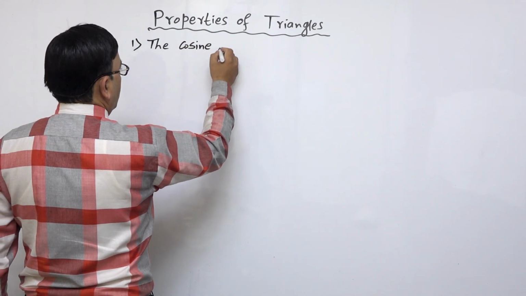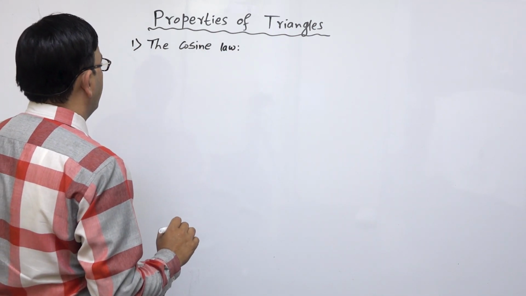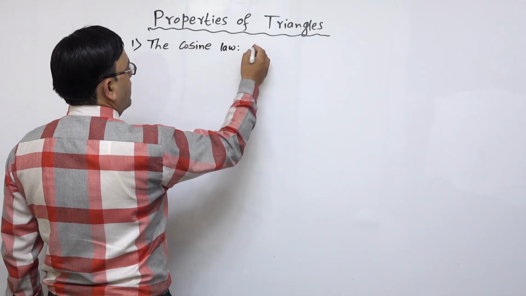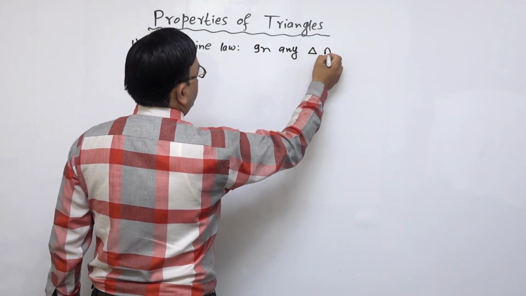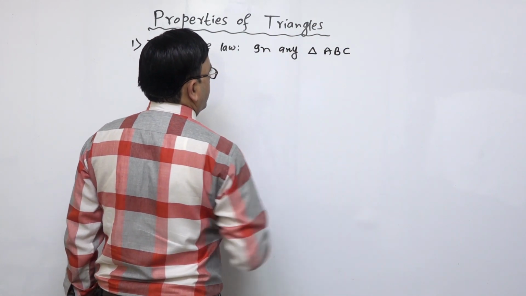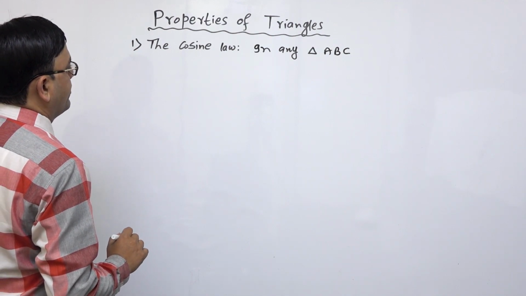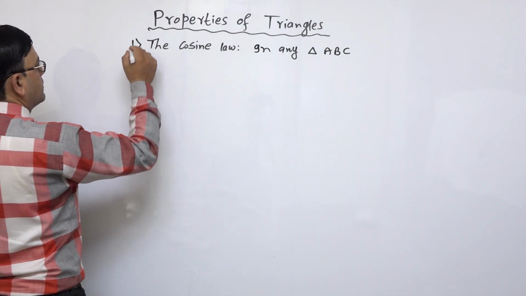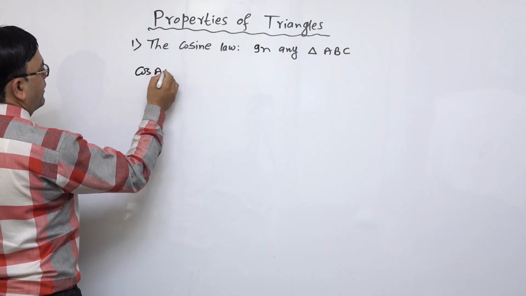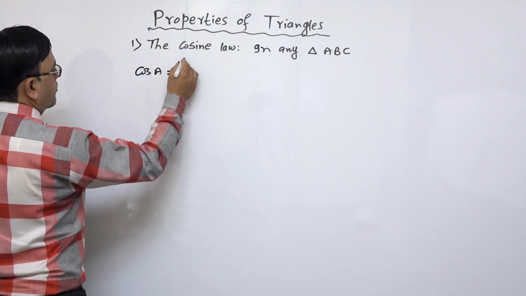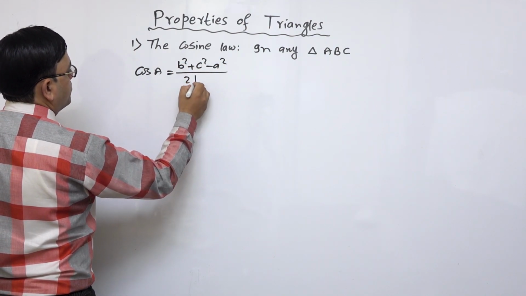The cosine law states that in any triangle ABC, we have cos A is equal to b square plus c square minus a square by 2bc.